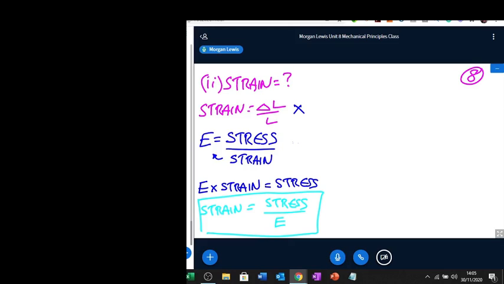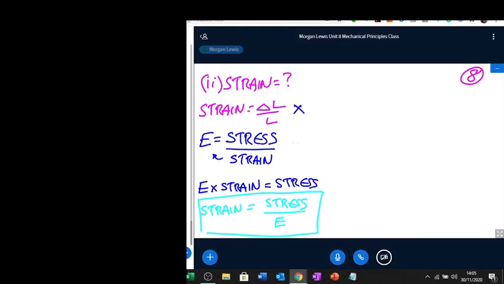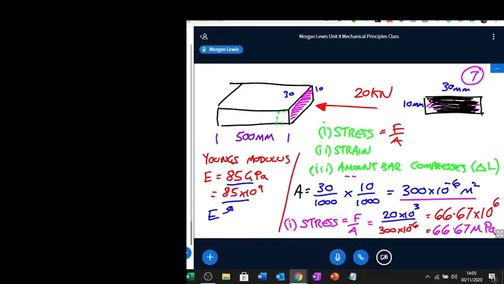Don't forget strain is going to be small. So we know what stress is: it's 66.67 mega, don't forget the mega, and E is 85 giga.